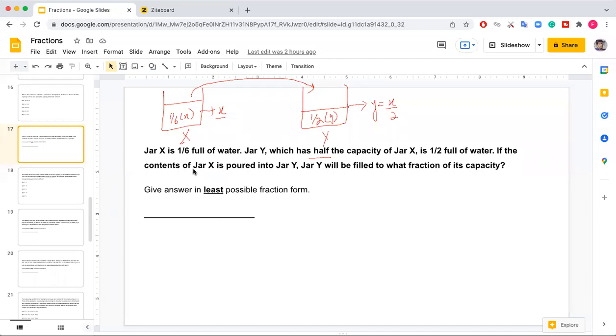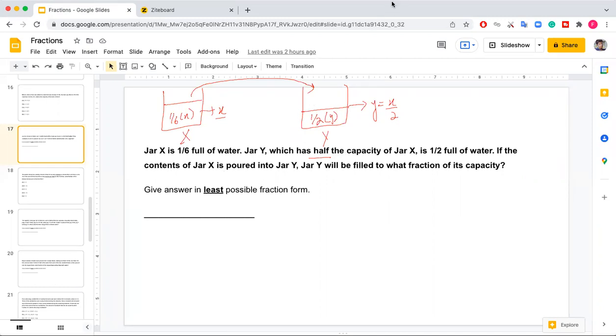Replace x by 2y. So x equals 2y, and you can substitute y by half of x value in the first equation.